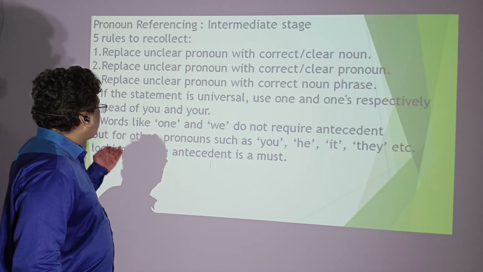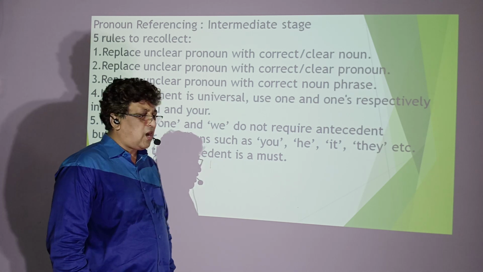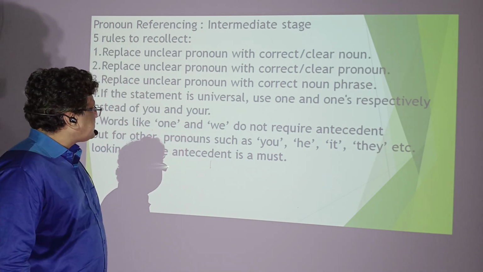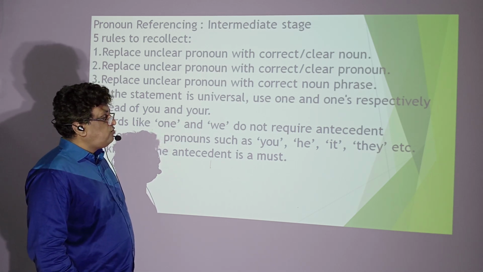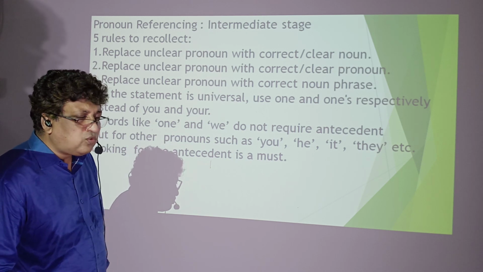Another time, we can replace unclear pronoun with a correct or clear pronoun. Third, we can replace unclear pronoun with a correct noun phrase, that means with the help of both noun and pronoun.